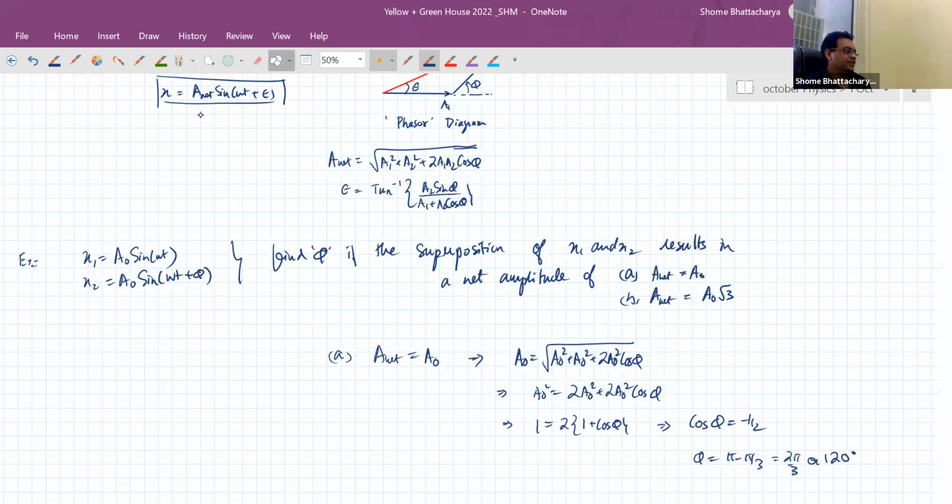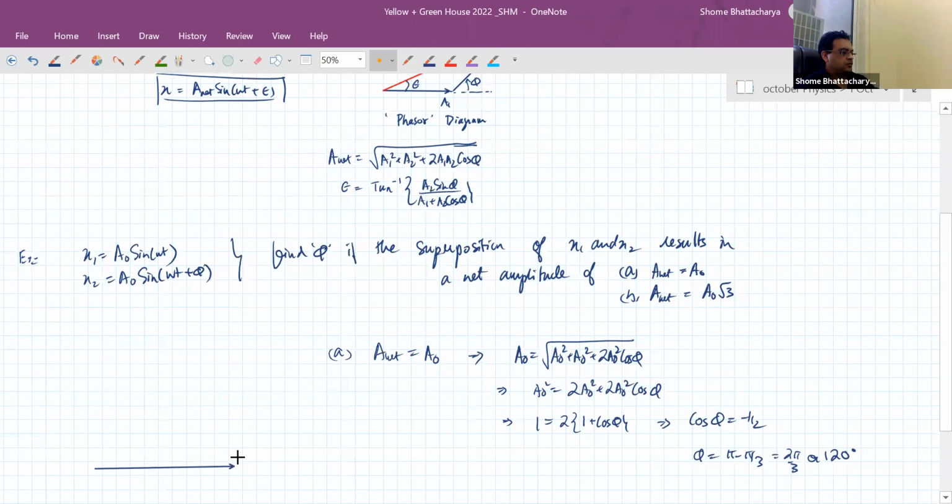And the corresponding phasor diagram will look like this.